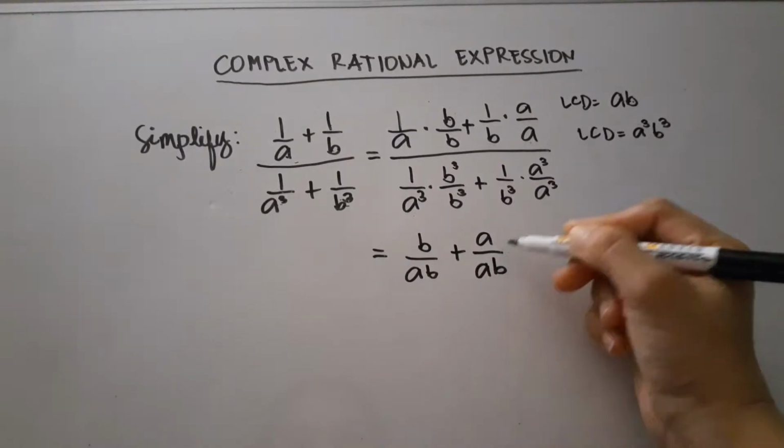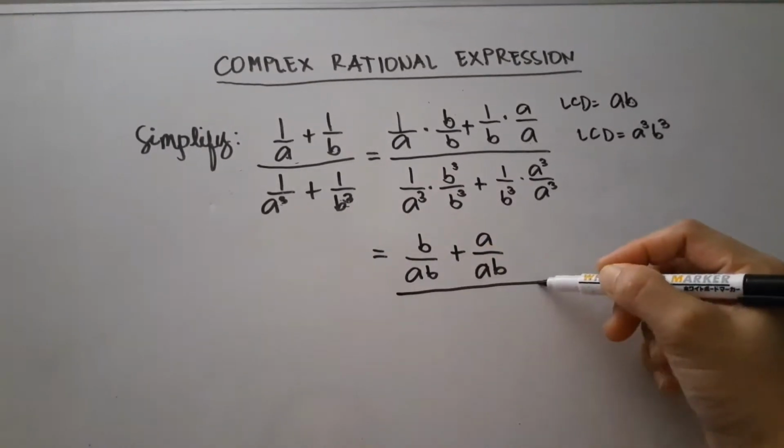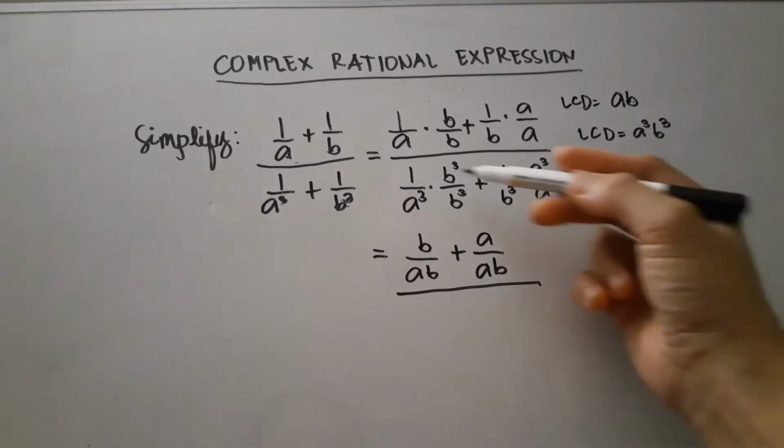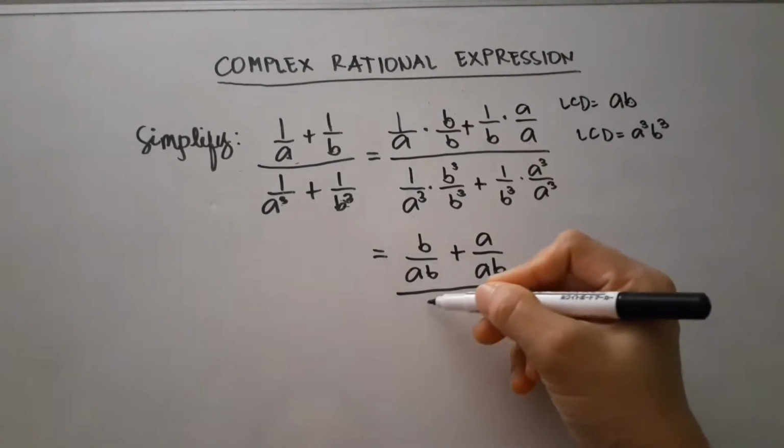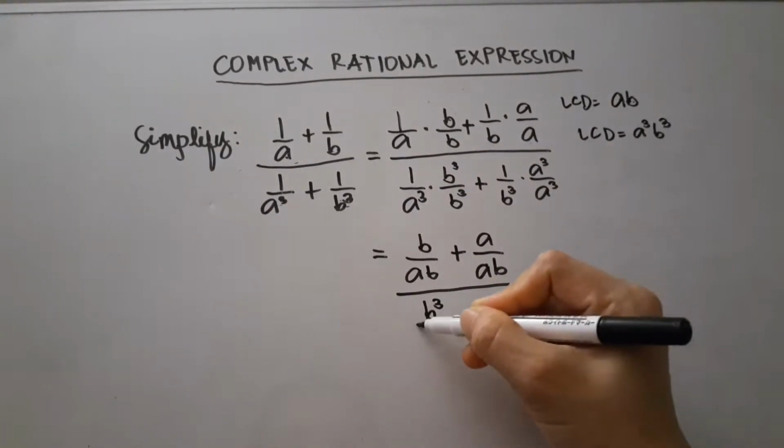Using the least common denominator, we have ab over, 1 times b cube becomes b cube.